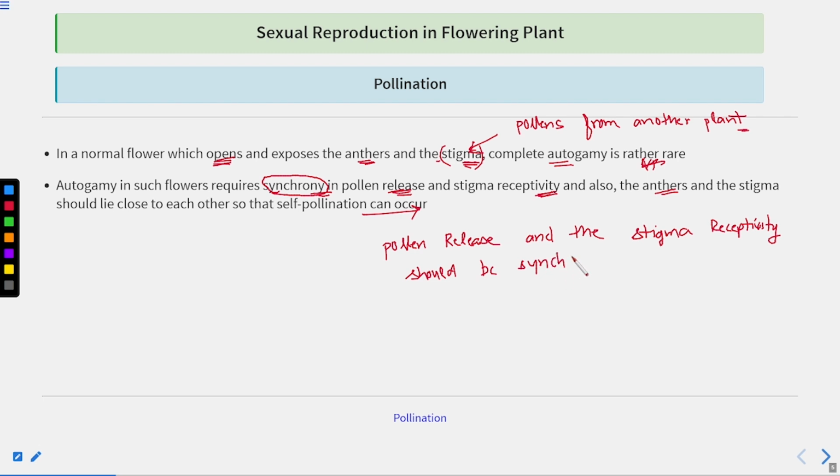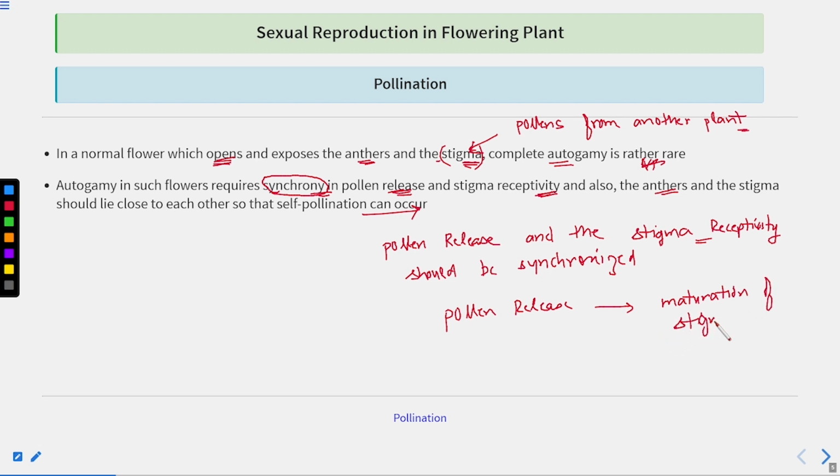What does this mean? This means that whenever the pollens are released, at that time the stigma should also mature. So the pollen release should match with the maturation of the stigma. Clear?